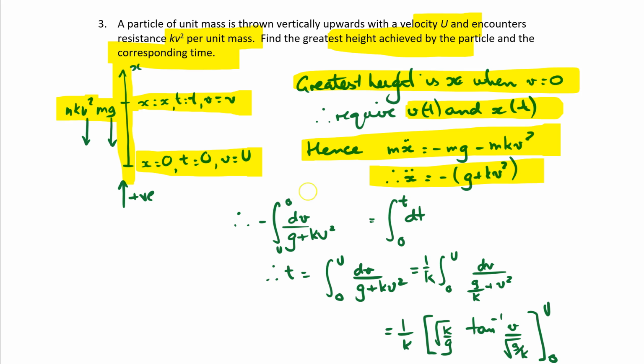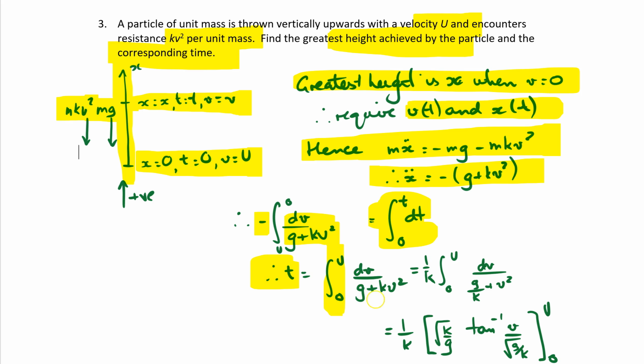So gathering together the v's to one side, we've got the integral dv over g plus kv squared, and our minus out here, which is going to enable us to switch the limits of integration down here. On the right hand side we've got the integral dt, which will of course just become t.